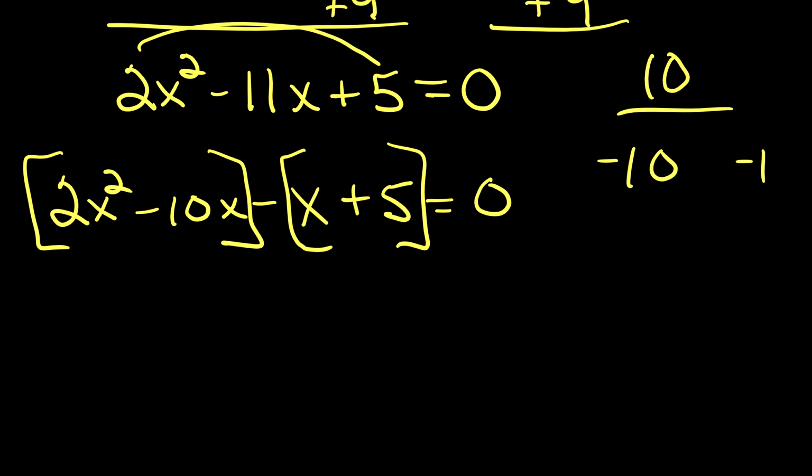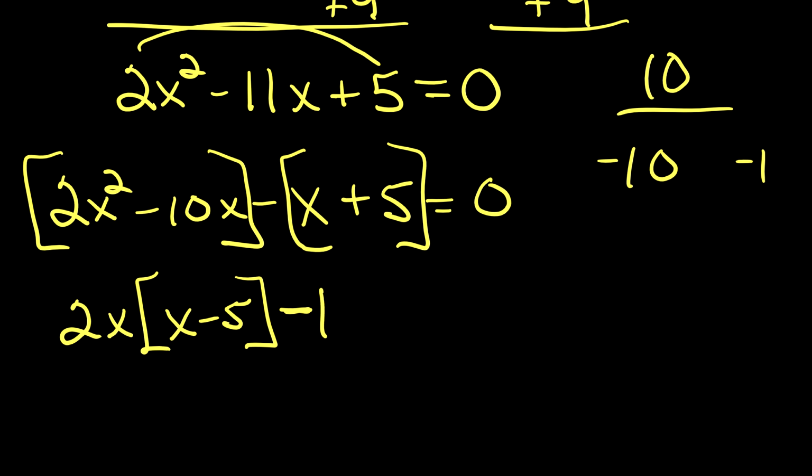The left side I can take out a 2x, and then what's left over is x minus 5. Minus sign comes here, and I'm going to take out the 1. Remember, I need to take out that 1, and then divide back what's left over, and that would be x. 5 divided by negative 1 is negative 5.